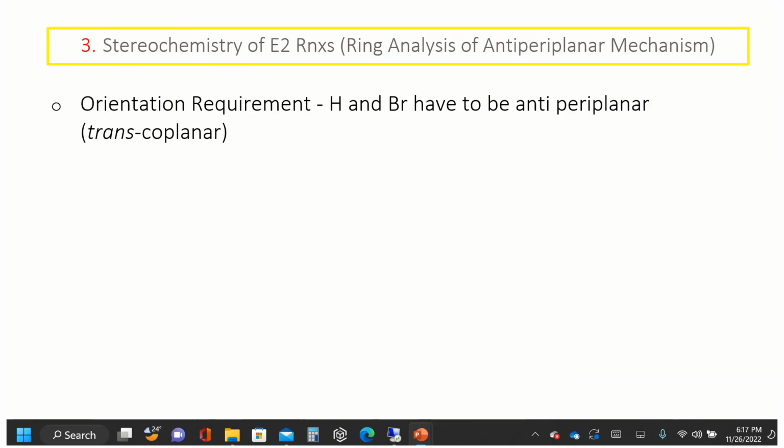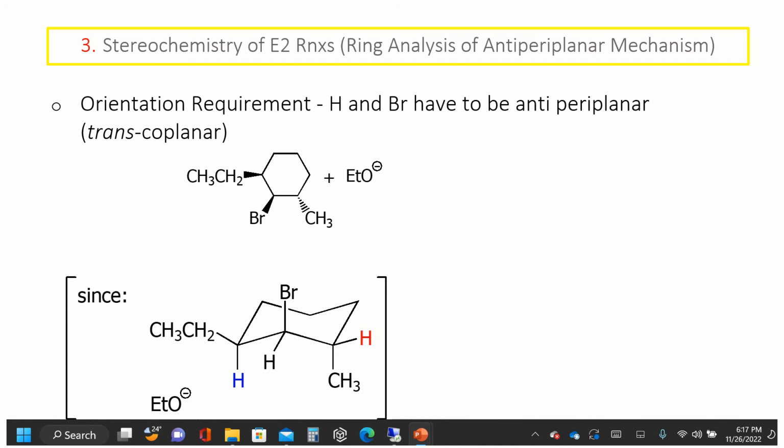So, for example, if we look at this compound and what is taking place, we probe by using the chair form of the cyclohexane ring. Remind yourself that the carbon-halide bond has to be axial. So if you look at the alpha protons here and here, there's only one alpha proton that is axial.